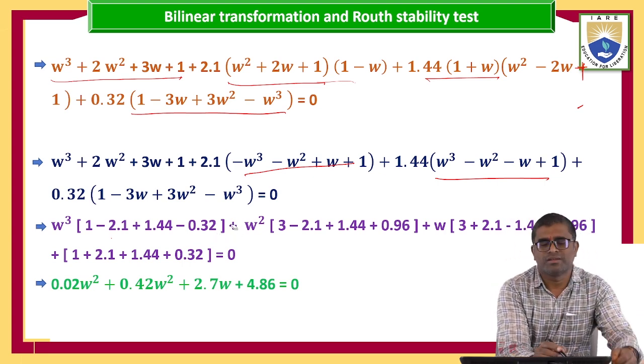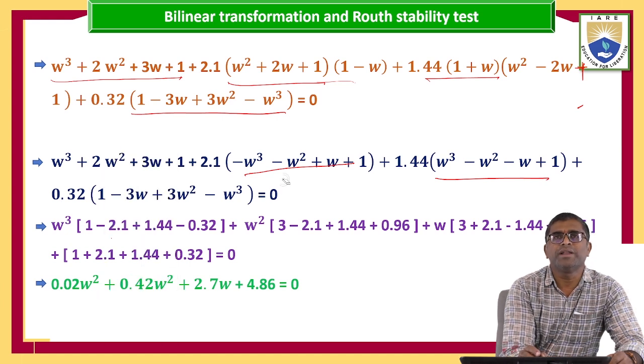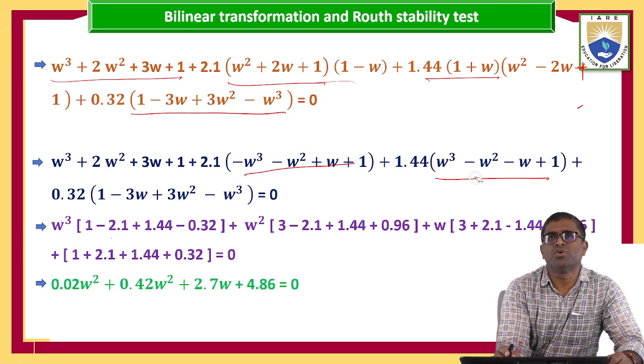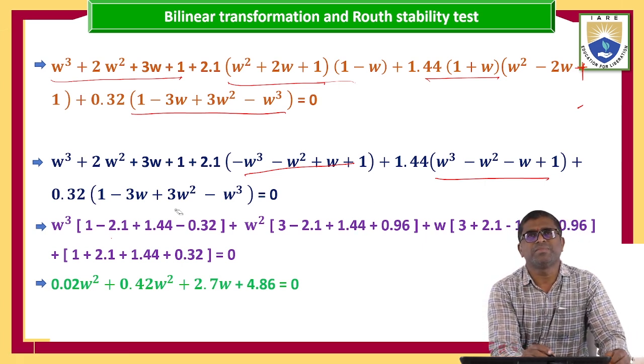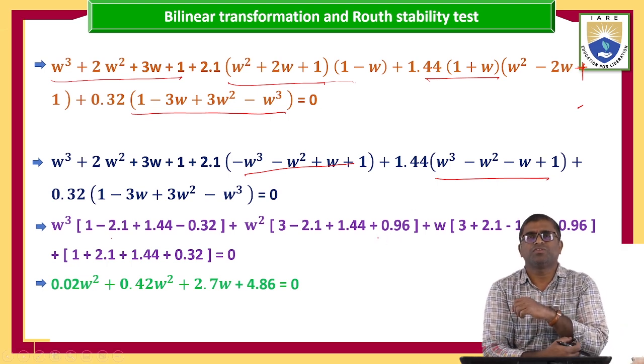Plus omega square: 2, and 2.1 minus 2.1, and minus 1.44 for the omega square term. Minus 1.44, and omega square term plus 3 into this one, 0.96.